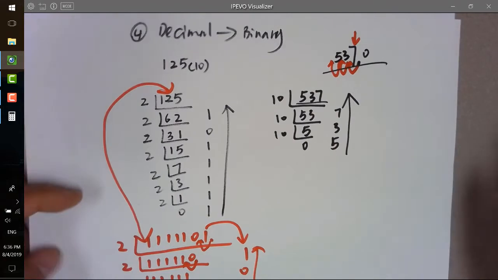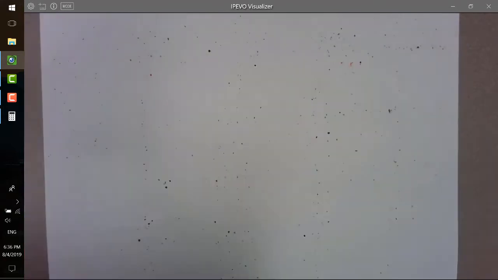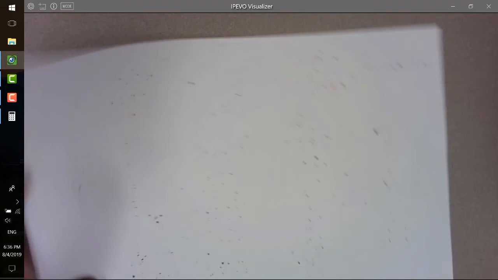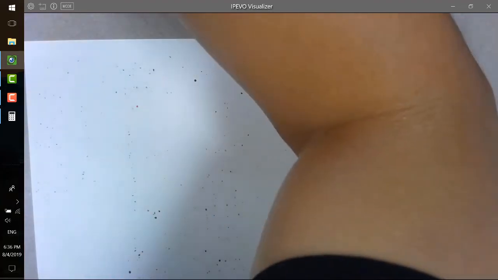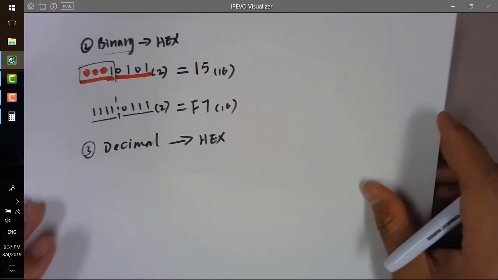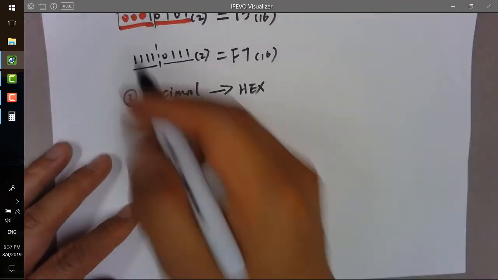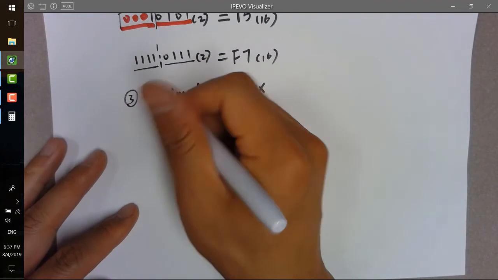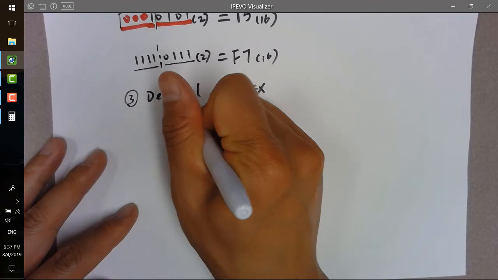Okay. And now the last one, decimal to hex, right? We don't need this here. I think we have a paper already initiated here. So decimal to hex, same concept. For example, 276.